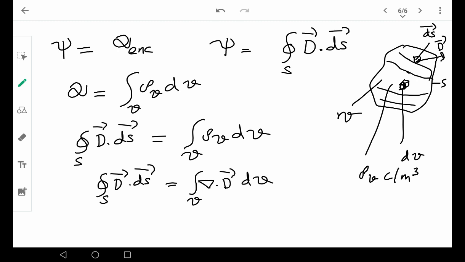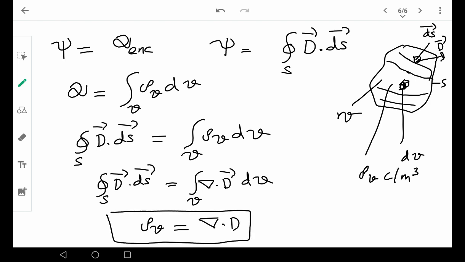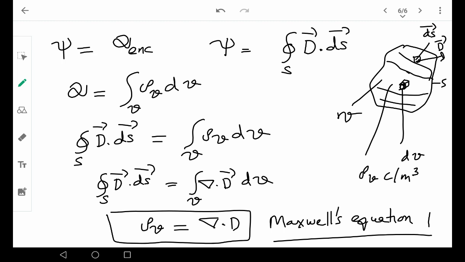That's the divergence theorem. From this you can get an equation like this: rho v equal to del dot D. That's a very important equation. It's called the first Maxwell's equation. This is Maxwell's equation 1: rho v equal to del dot D.